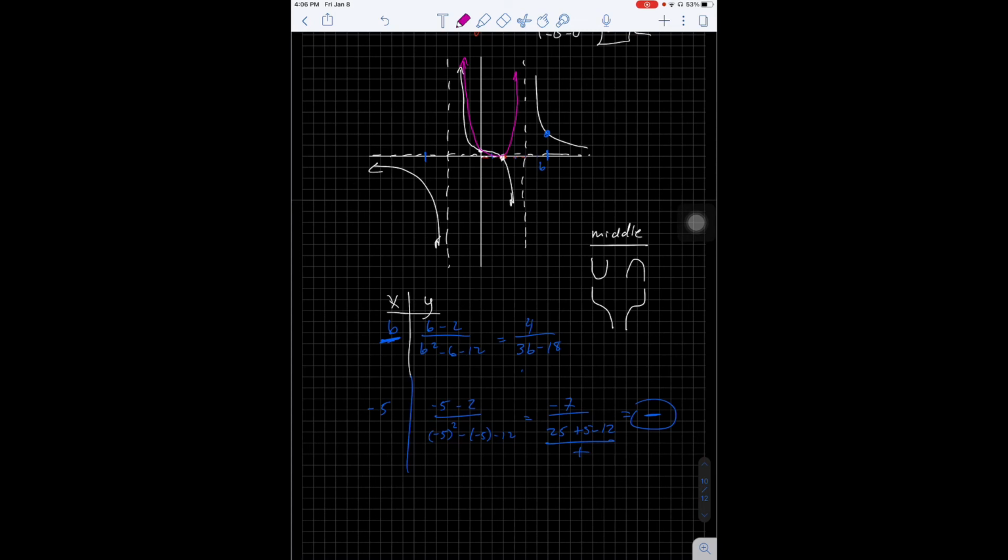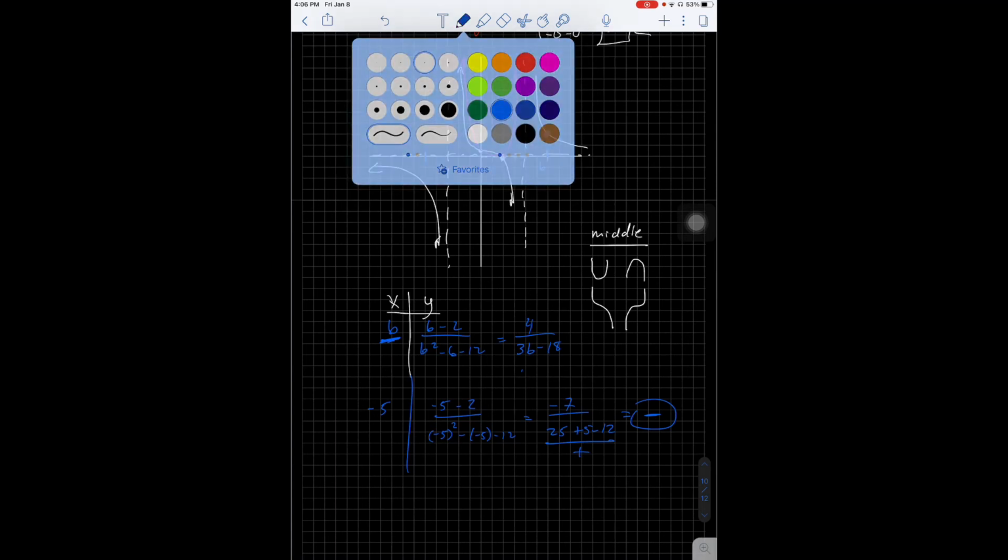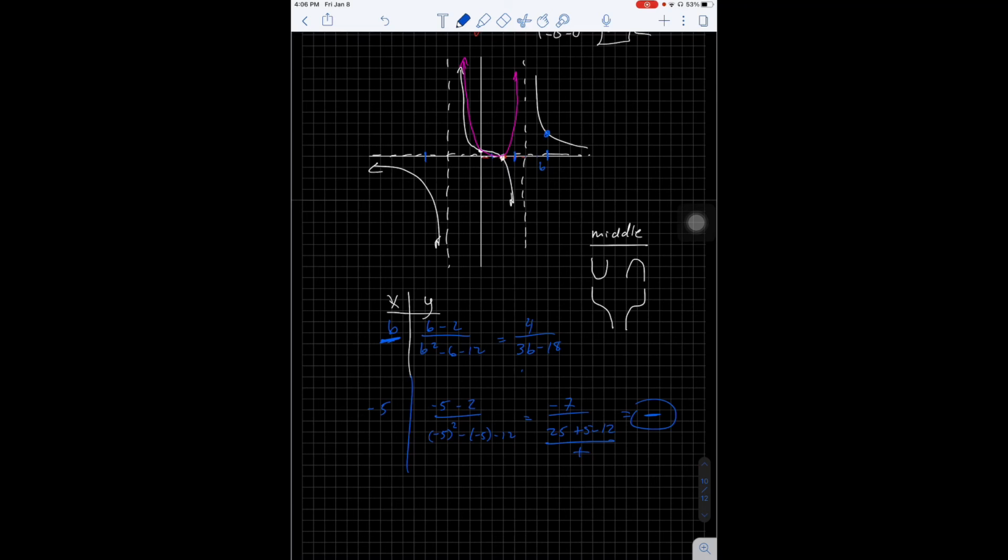It could bounce off that 2 point. So the question is, which one is which? And where these graphs diverge is right here. Right here, it's either going to go up or it's going to go down. So I want to plug in that point, which is 3, and figure out which one this is.